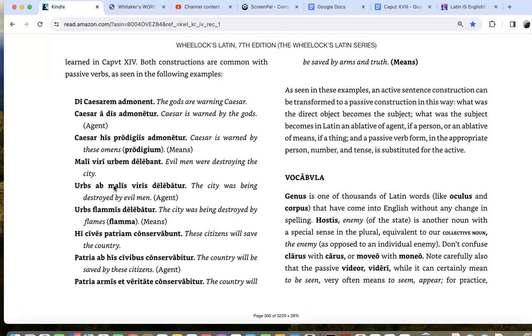So in this particular case, it's not so important that the gods are warning Caesar, but rather the process of the warning itself by the gods. And so the gods who are doing the warning in the active sentence become passive in the passive because the focus is on the action of warning.